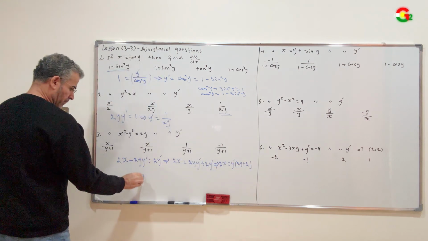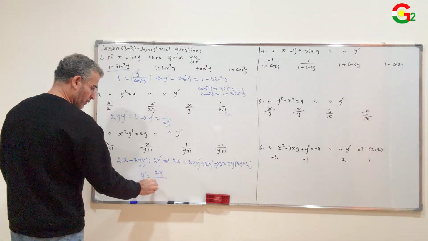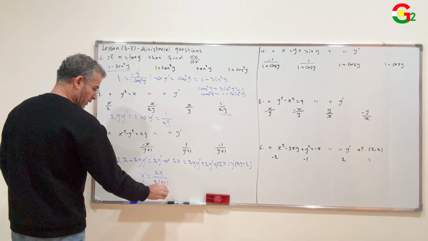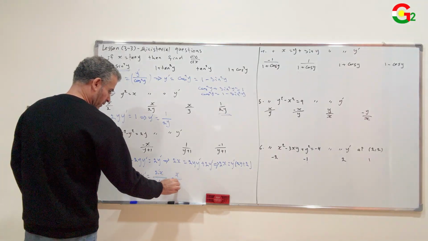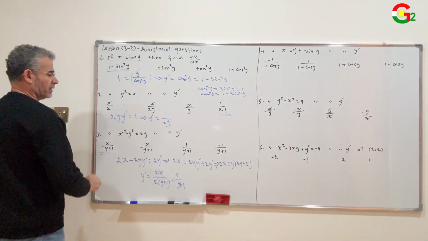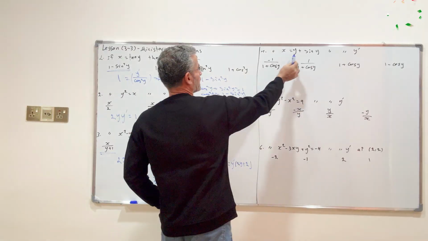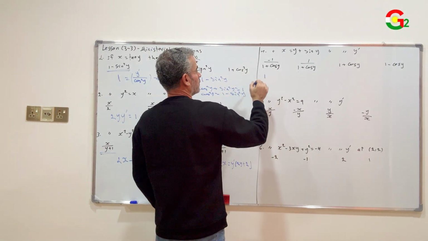Then y prime equals 2x over 2y plus 2, reduce 2 with 2, x over y plus 1. Choice A. Number 4, if x equals y plus sine y, find y prime. Differentiate both sides.